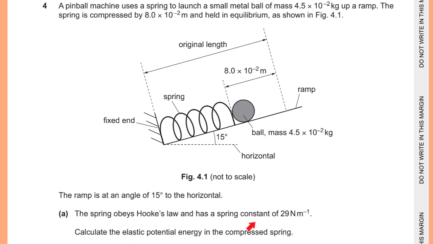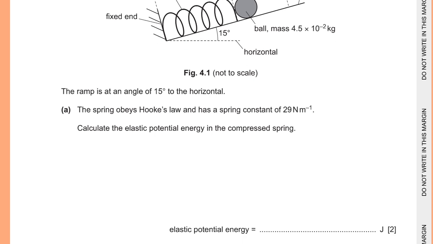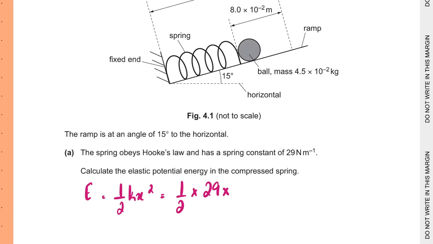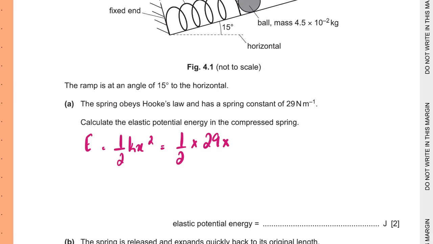So we have k, and we also know the compression or the extension. So I can use half kx squared for this. So the energy is half kx squared. So half k is 29, and the compression is 8 into 10 to the negative 2, squared.